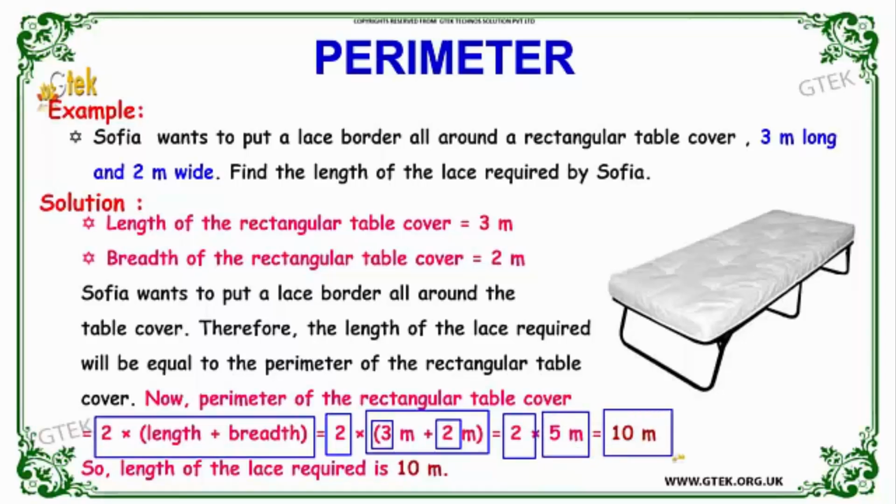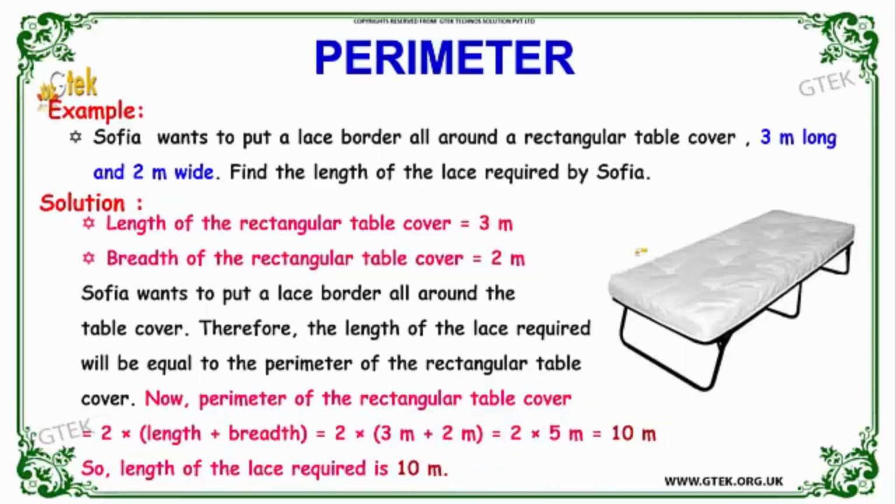On multiplying, we get 10 meter. So the length of the lace required is 10 meter. So 10 meter is the length of the lace required by Sophia.